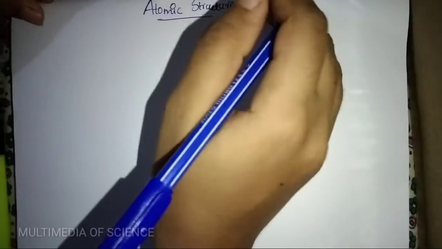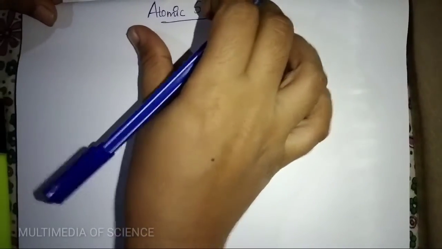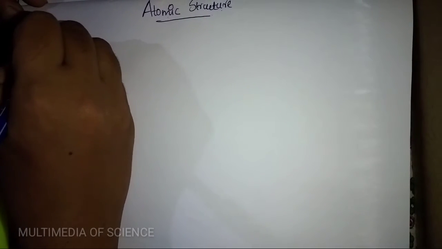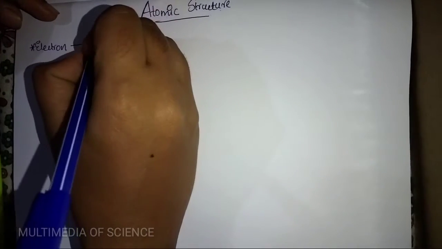So first I am discussing some persons who discovered the electron, proton, charge and charge by mass ratio. Okay. So first is about the electron. The electron was discovered by J.J. Thomson.